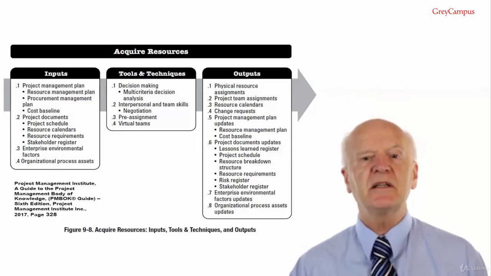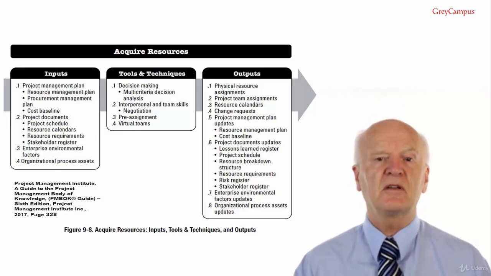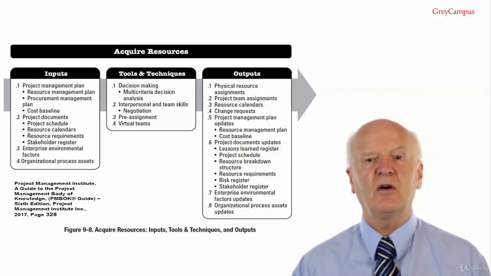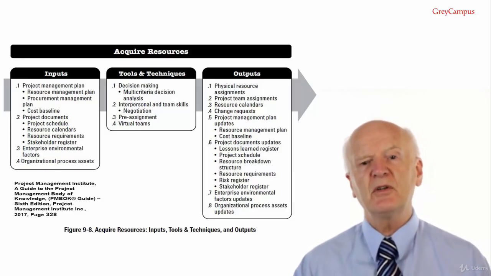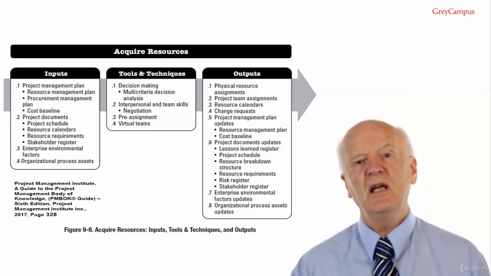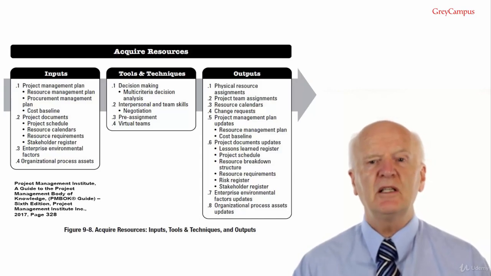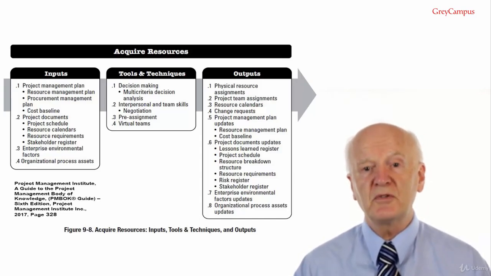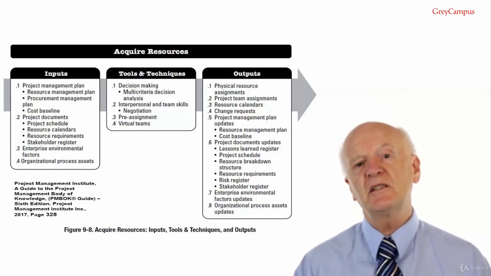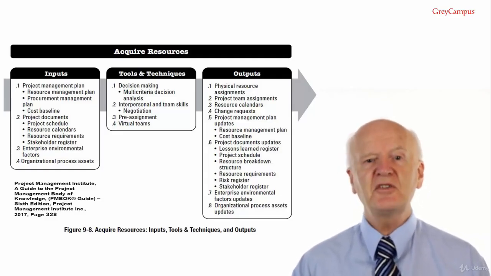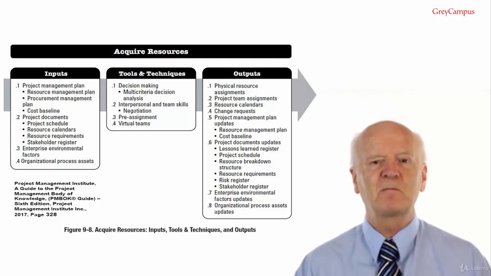The PMBOK Guide suggests convincing a functional manager about the high visibility of the project may influence him or her to assign the best resources to this project over competing ones. I think what that really means is tell the functional manager that this is a high-profile project. If it fails, you will tell the CEO about functional managers who could have helped but didn't.